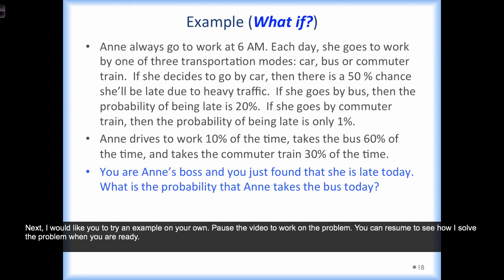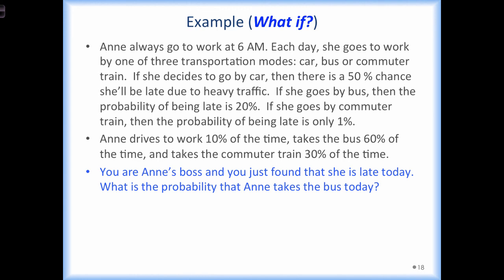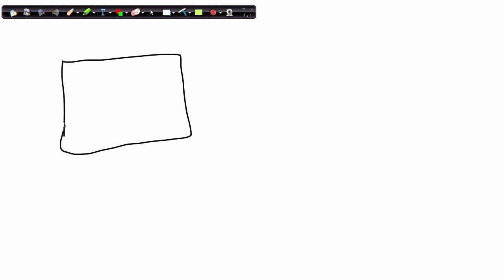Next, I would like you to try an example on your own. Pause the video to work on the problem. You can resume to see how I solve the problem when you are ready. First, we see that N has 3 transportation modes. These 3 transportation modes form a partition of the sample space.